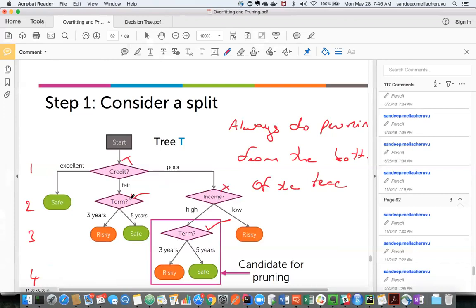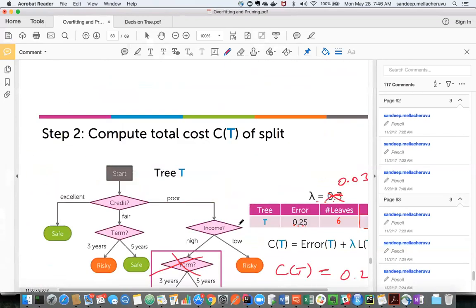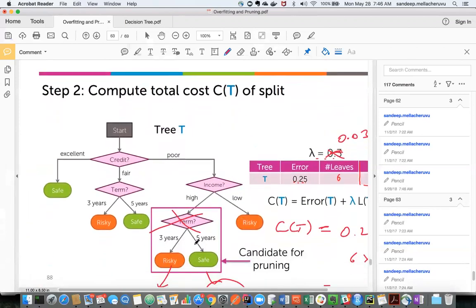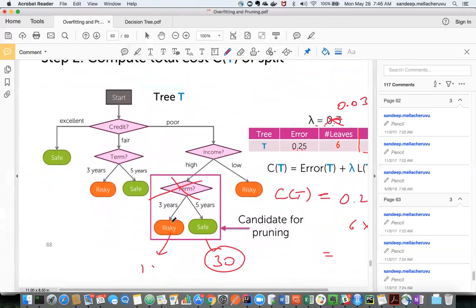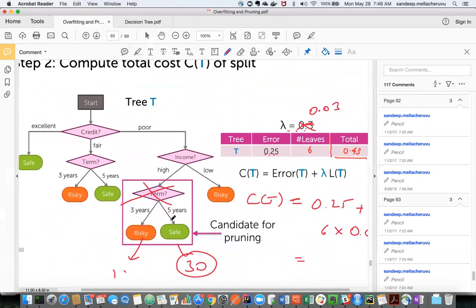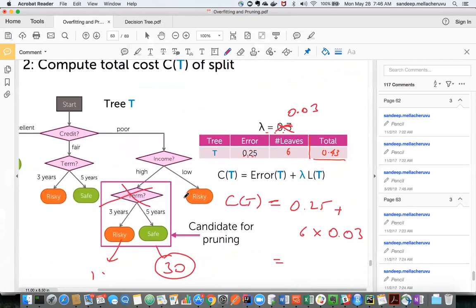So what are the candidates? Either this one or this one. Now what to do for pruning? Try to remove this term from the tree. If you remove it, you have to find out the overall cost of the tree. How do you know?